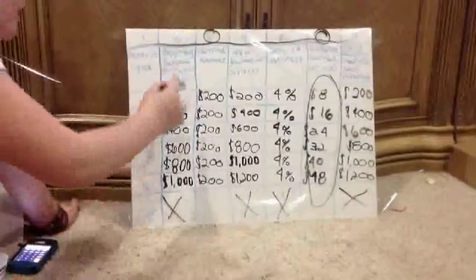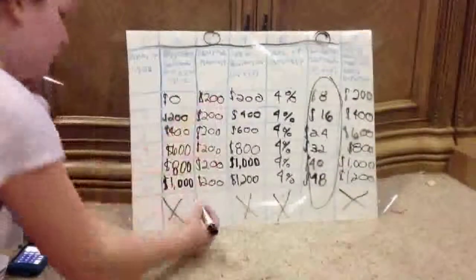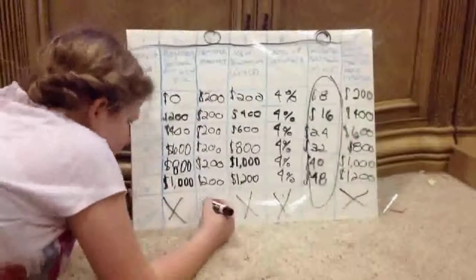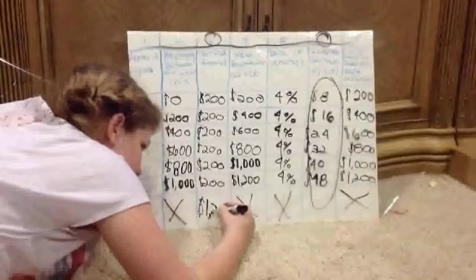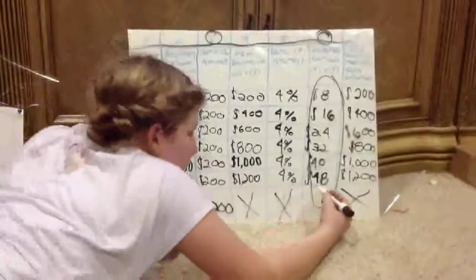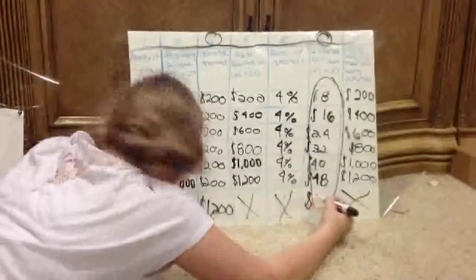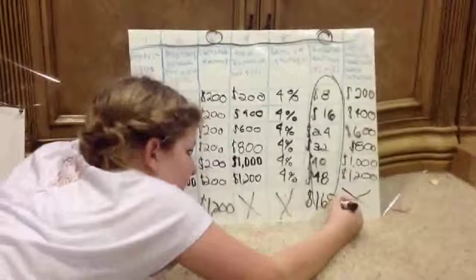So you're going to add these up, and you're going to have a total down here of $1,200. And then over here, when you add them up, you're going to have $168.